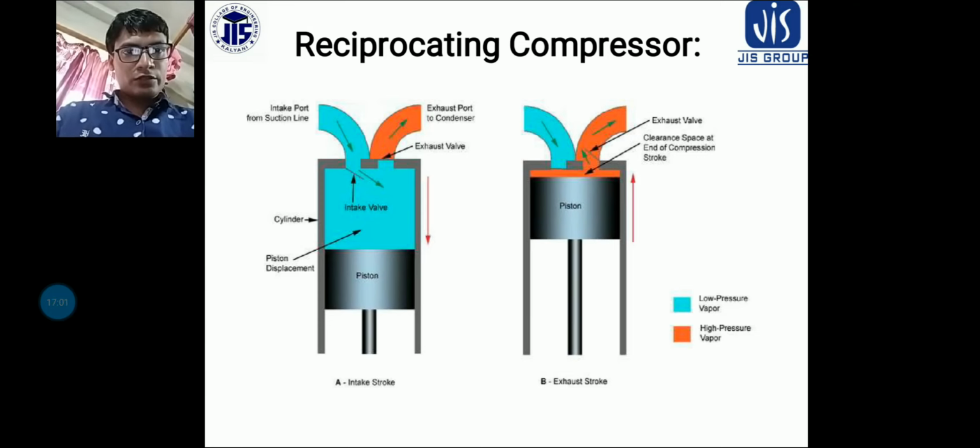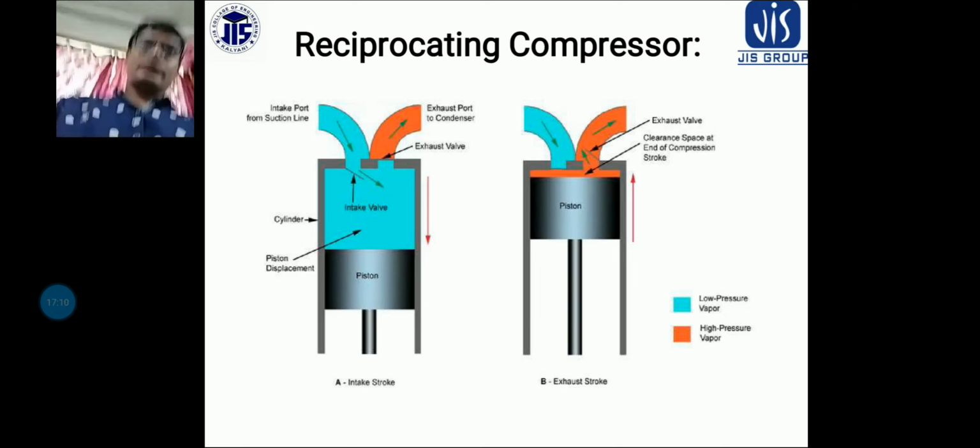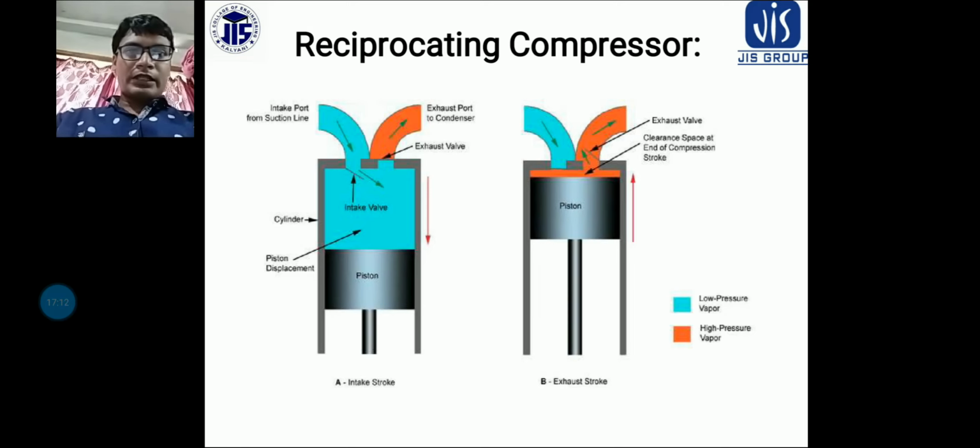The exhaust port, this outlet valve, is connected with the condenser. So at the time of the delivery or exhaust stroke, the refrigerant is compressed, pressure is increased, and it is sent to the condenser.